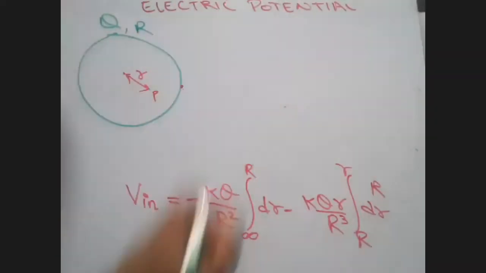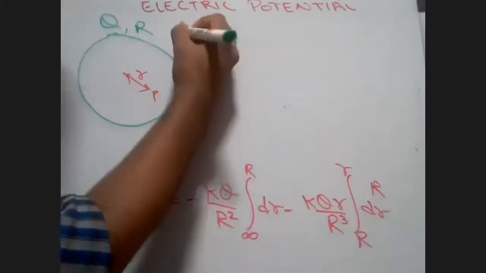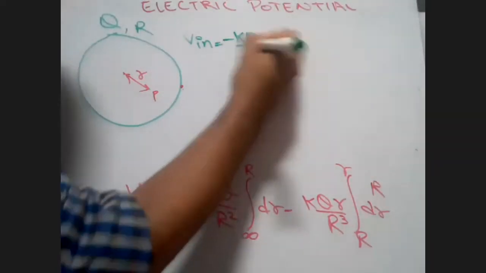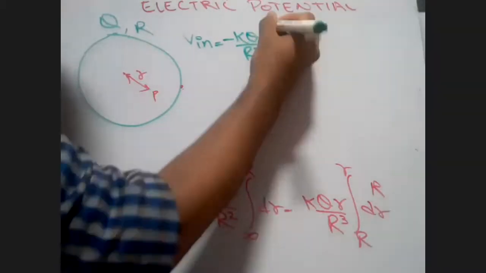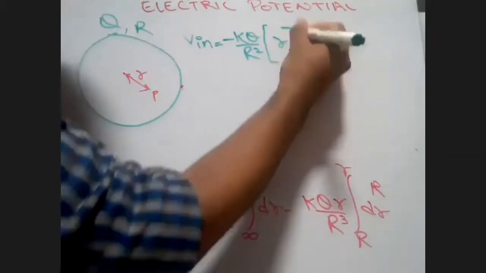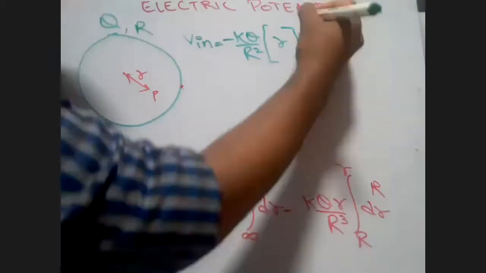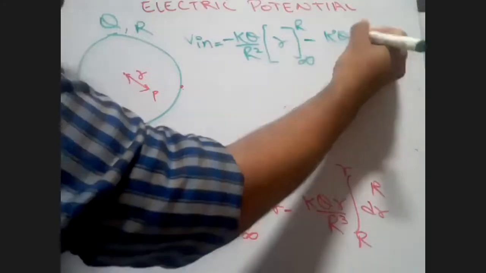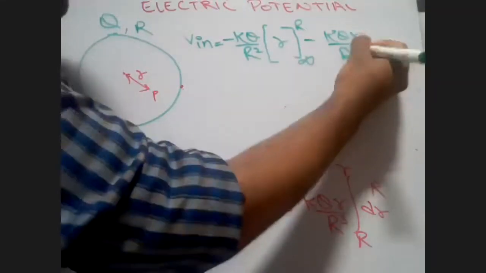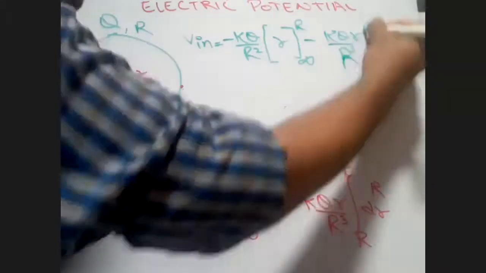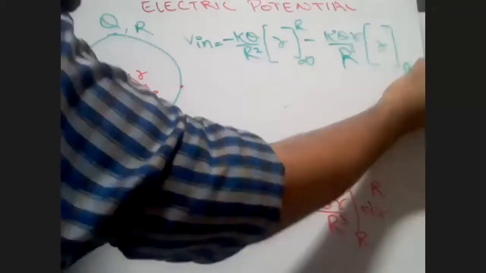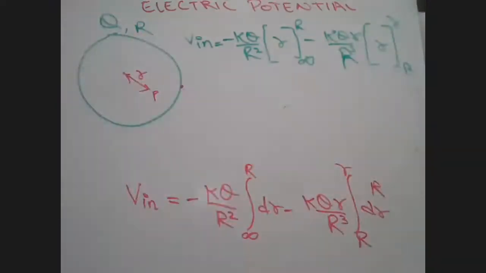I am continuing this on top. So I will write V inside is equal to minus KQ upon R square, integration of dr from infinity to capital R, minus KQ r upon R cube, integration from capital R to small r. Now let's solve it.